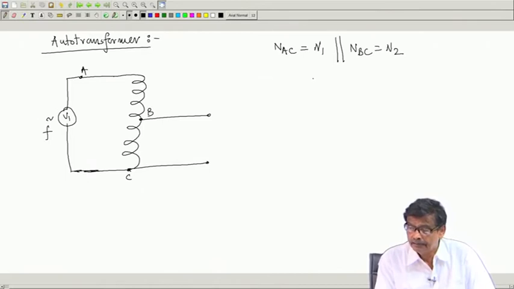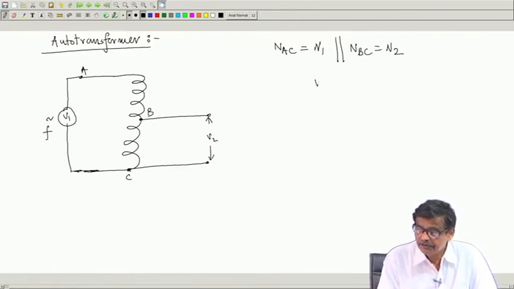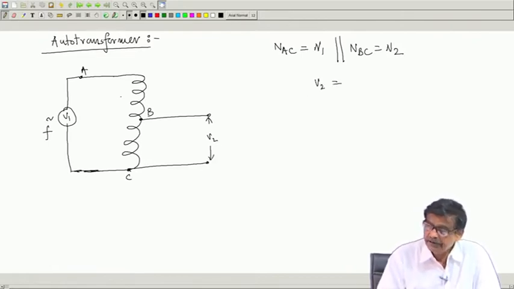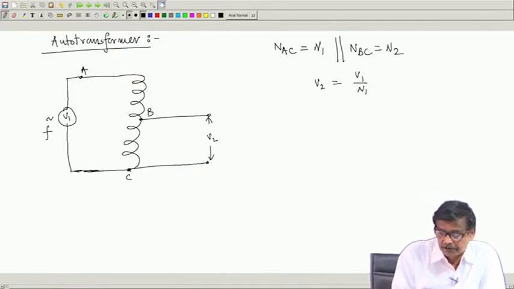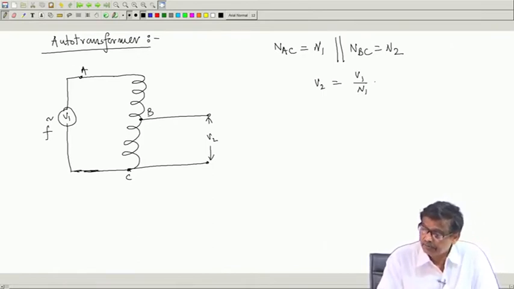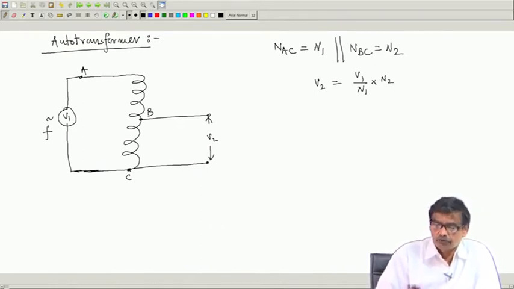Then voltage available here I will call it V 2. V 2 will be V 1 by N 1, that is the voltage per turn decided by this V 1 and whole number of turns N 1 into N 2, and that is it. So, by changing N 2 I will be getting output voltage.